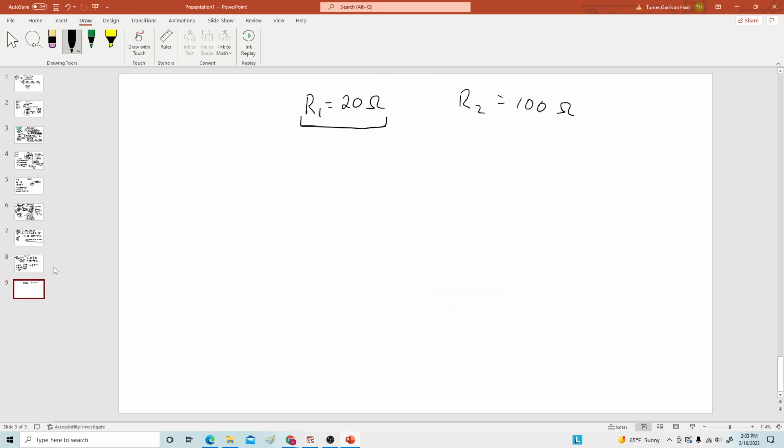So our total range is going to be restricted to between half of your smallest resistor and the value of your smallest resistor.